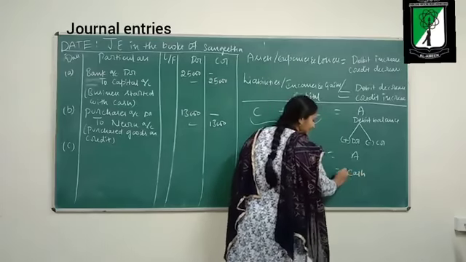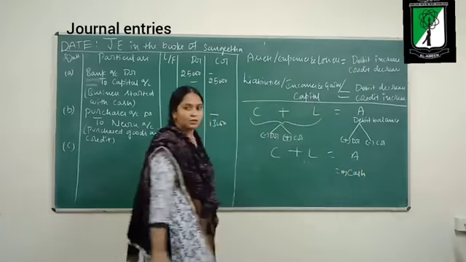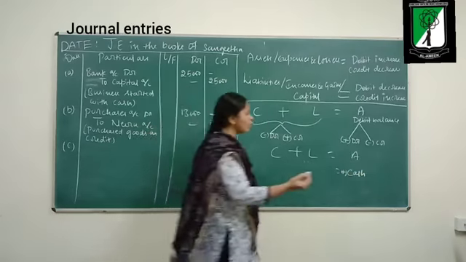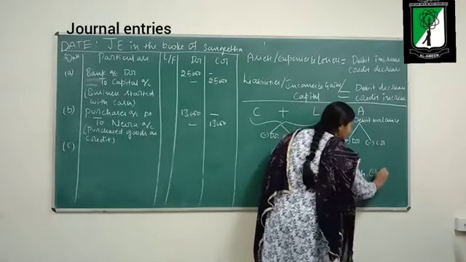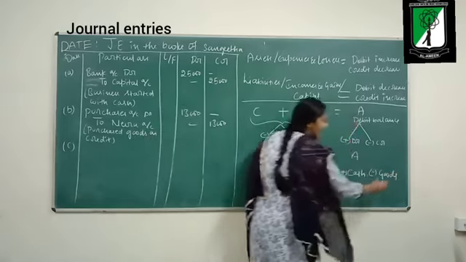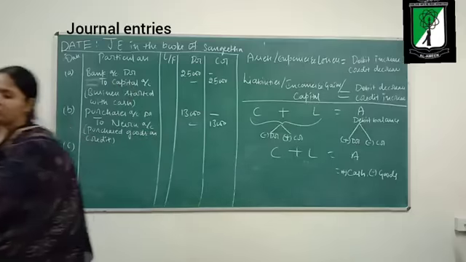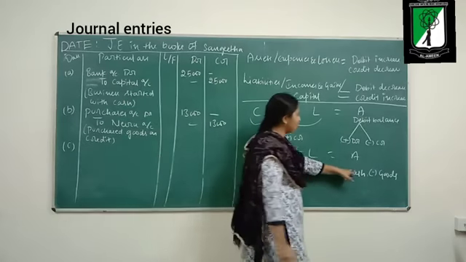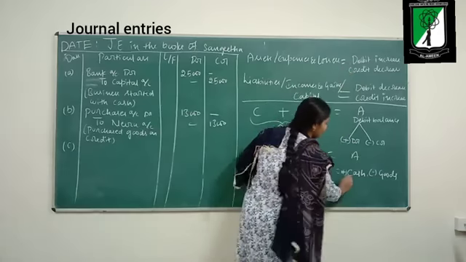Cash is an asset. Goods are also an asset. What is happening to my goods? My goods balance is declining. Here, increase in asset should be debited.